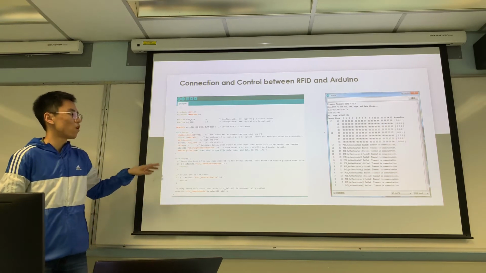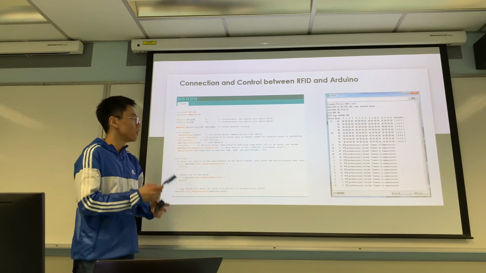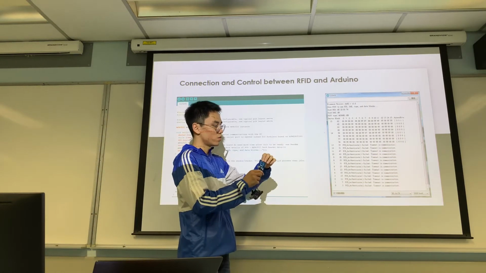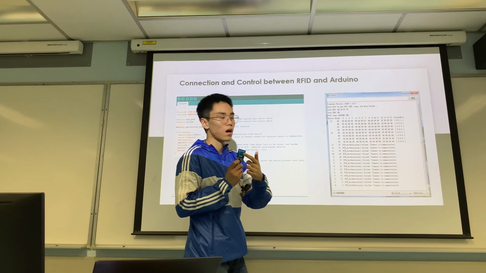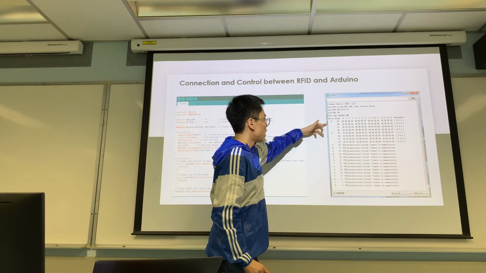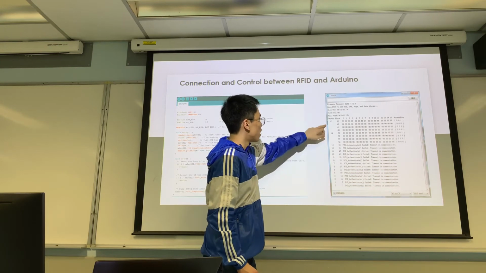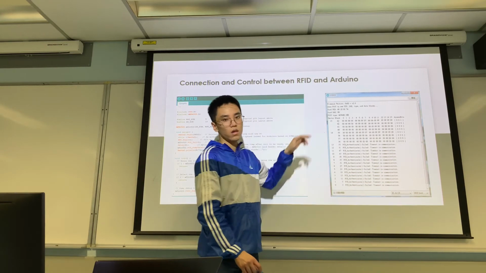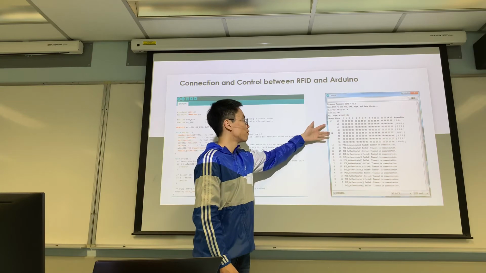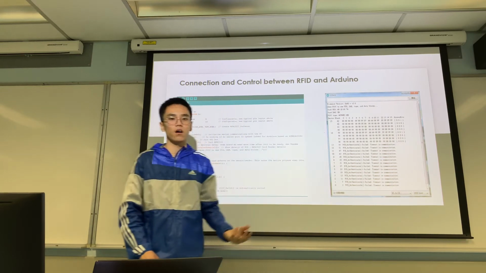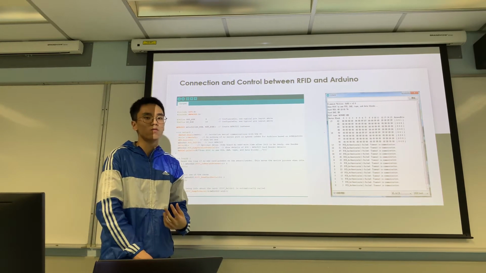After setting them all, I uploaded the program to the Arduino, and I can read the RFID tag through the RFID reader. The tag has several stacked blocks, about 16 blocks, but in our system, I will use only 2 of them. They can store enough information for our recommendation.